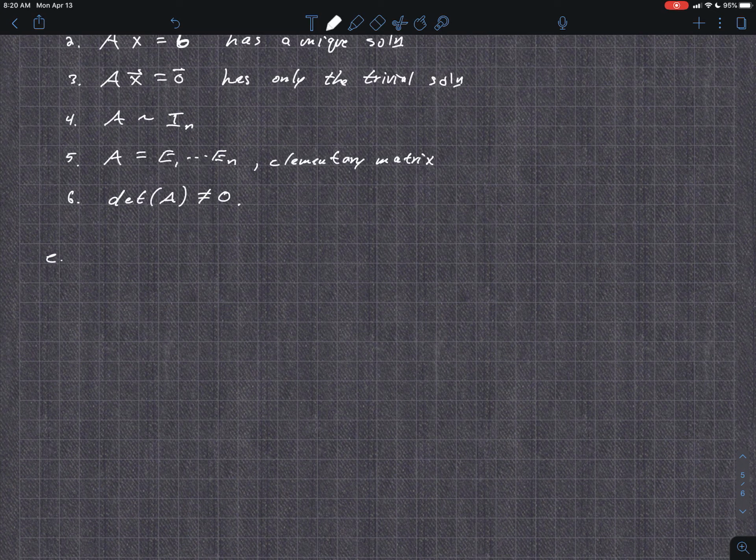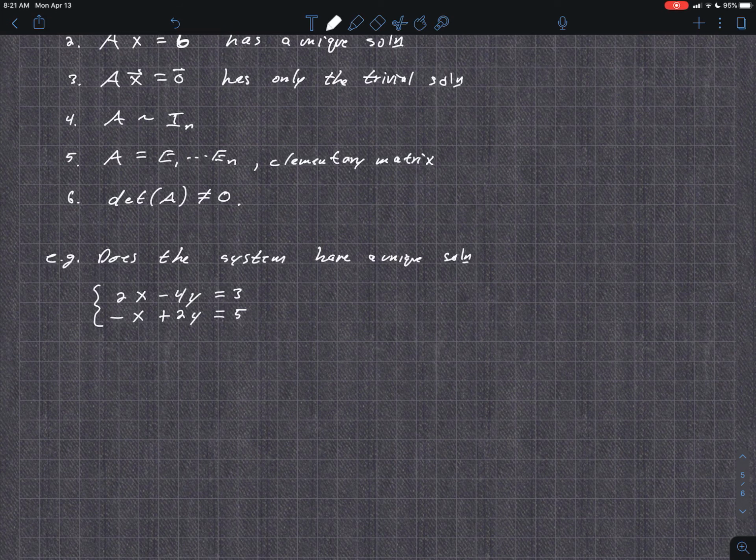Just a quick example to look at whether a system has a solution using that property. Does the system have a unique solution? Suppose you had 2x minus 4y equal to 3, and negative x plus 2y equal to 5.